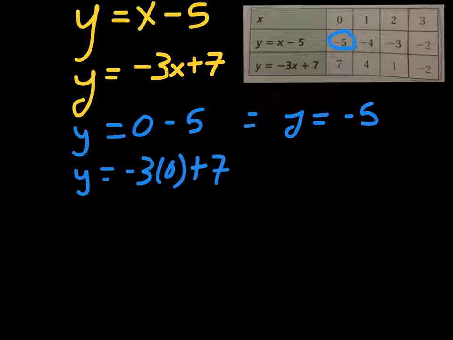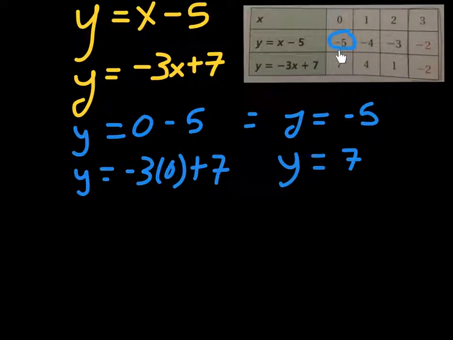And if this is part of the solution, we need to get negative 5 out here as well. Well, we can see right away that negative 3 times 0 is going to be 0. And then we're going to add 7. And that means that y is going to be equal to 7, which you can see they put here.